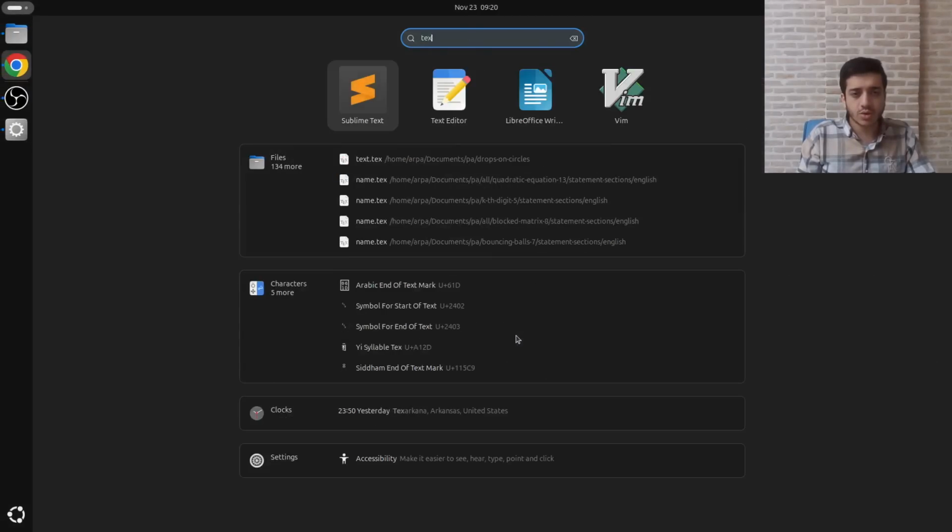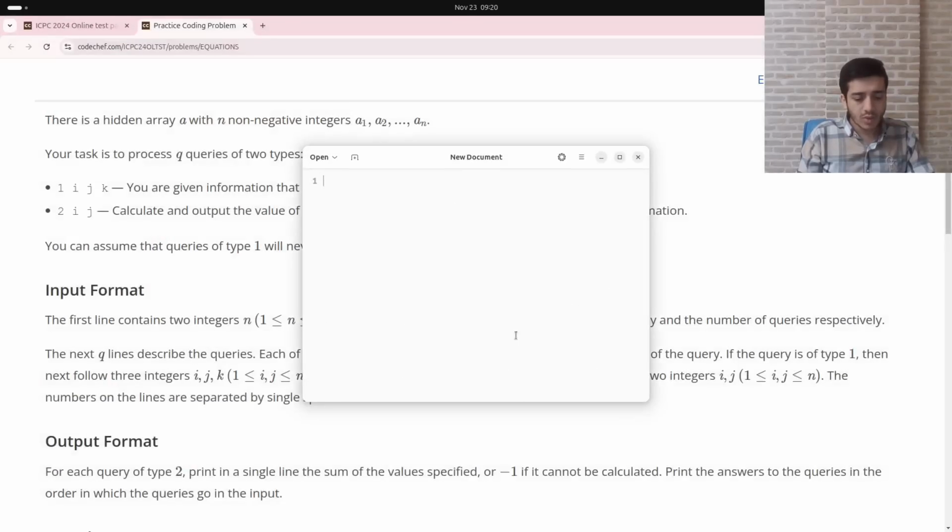So let me show you. x plus y is k1, y plus z is k2. What can we say about x and z? We can say that x plus z is k1 minus k2, right? And what if z plus t is equal to k3?